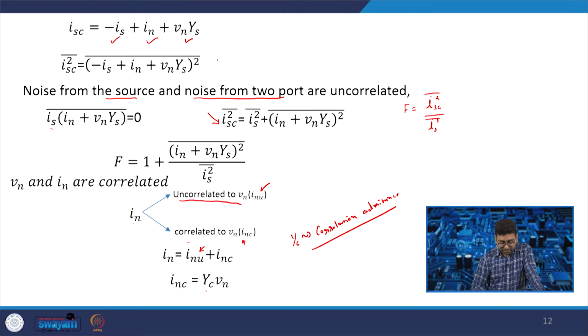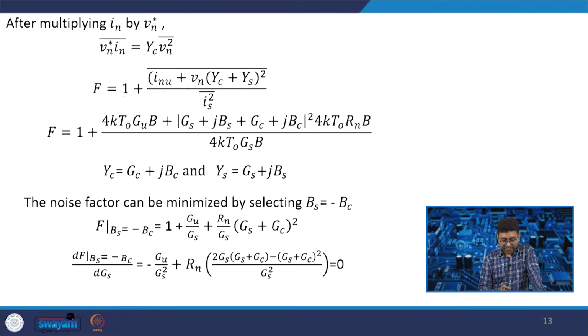Initially we only considered Ys, Inu plus Inc plus Vn into Ys whole square, that we considered here. So this is Vn then Yc plus Ys, where Yc is the correlation admittance and Ys is the source admittance. So Vn Yc plus Ys whole square.